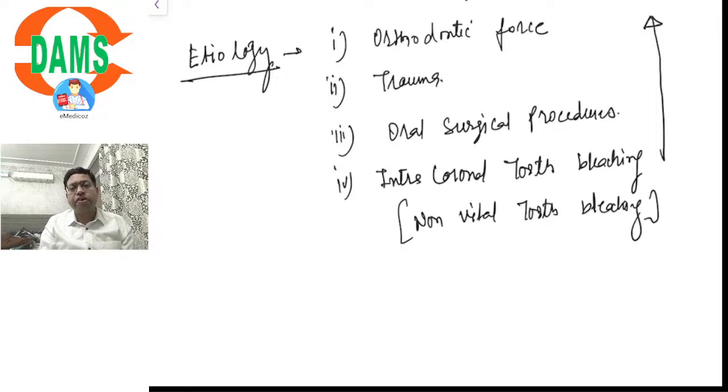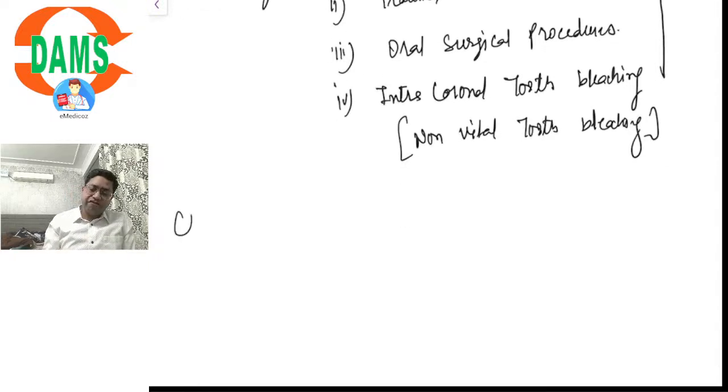I hope you understand what I am trying to say. The most common cause is orthodontic tooth movement. Whenever injudicious, uncontrolled orthodontic force is applied, a lesion called external cervical resorption develops. What are the clinical features?